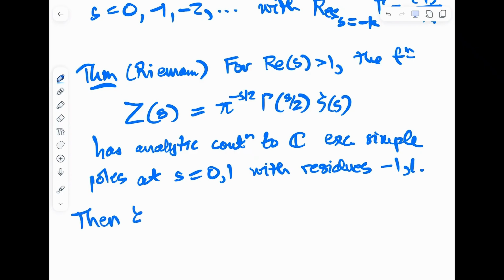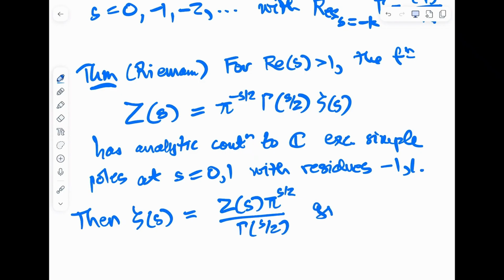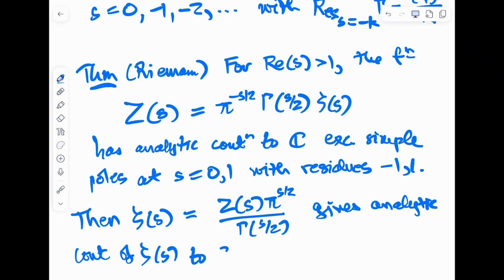So then once you have this function, you can use it to define the zeta function by solving for it. If you take the completed zeta function, multiply by pi to the s over 2, and divide by gamma of s over 2, then this gives an analytic continuation of the Riemann zeta function to the complex plane, except what happens to the poles?